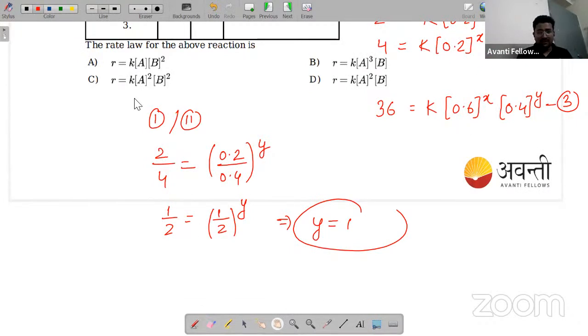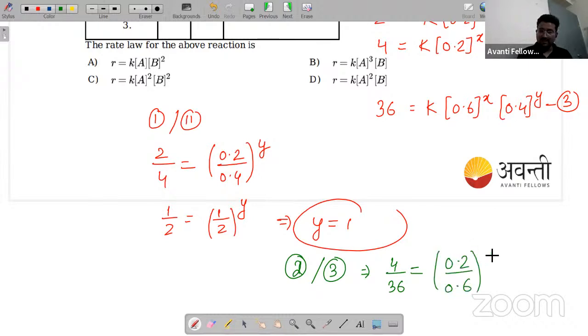For calculating the value of X, we can do equation 2 divided by equation 3. Let's start now. 4 by 36. K is cancelled out and 0.4 to the power Y cancels out. And it is 0.2 by 0.6 to the power X, with Y as 1.